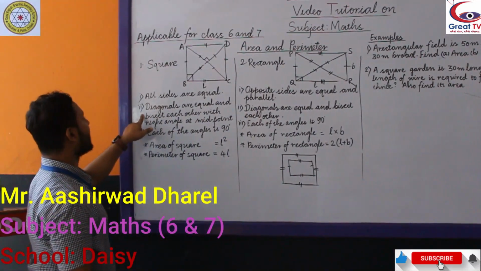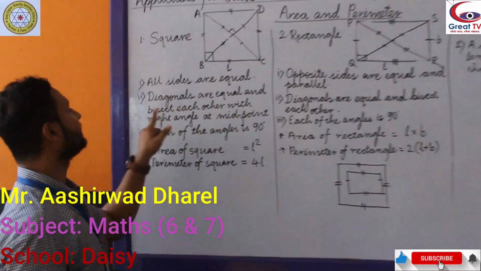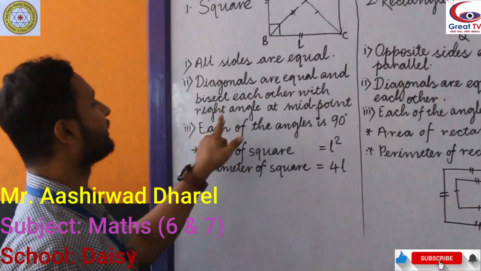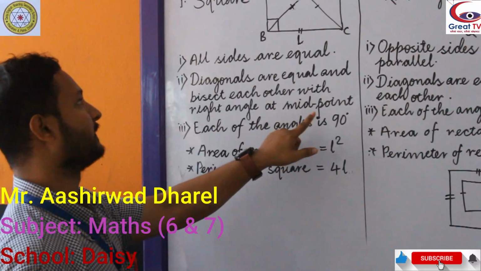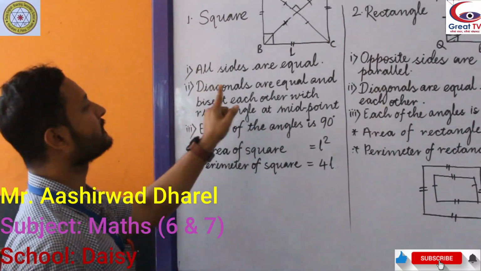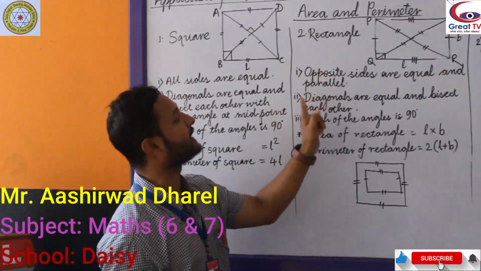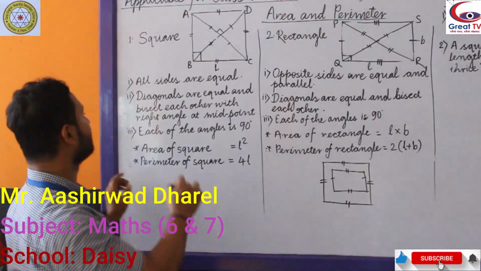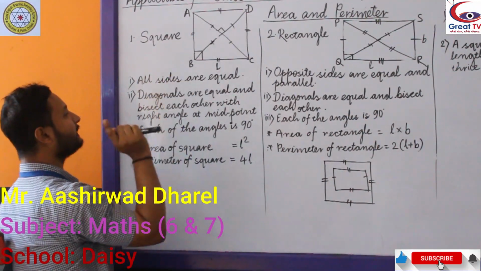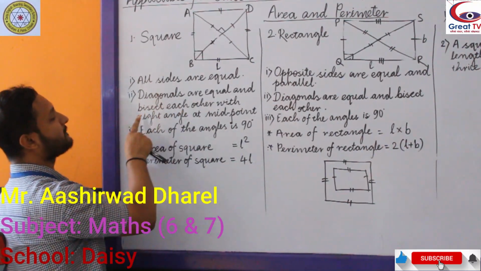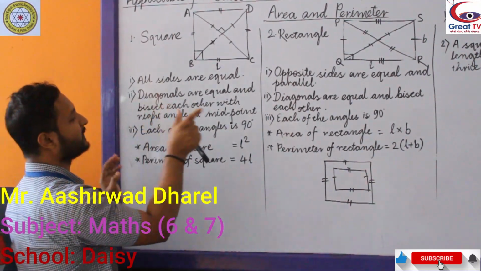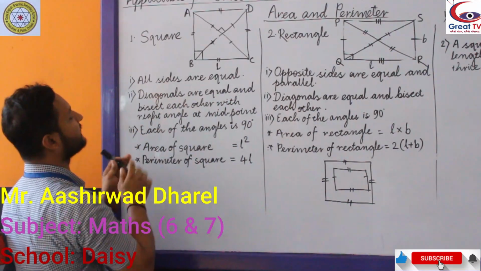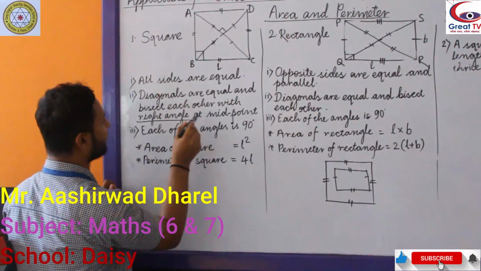Next, diagonals are equal and bisect each other with right angle at midpoint. In square, diagonals are equal. In rectangle also, diagonals are equal. But in a square, the diagonals are bisected at midpoint with right angle. They form right angle. Look here.